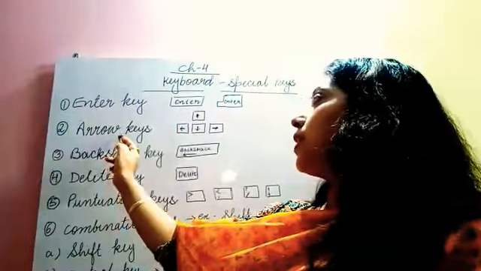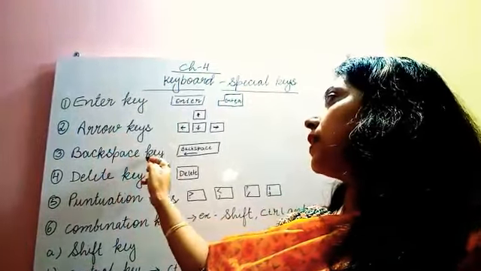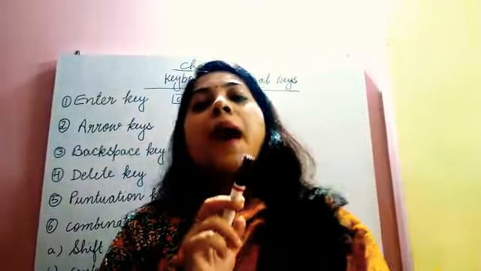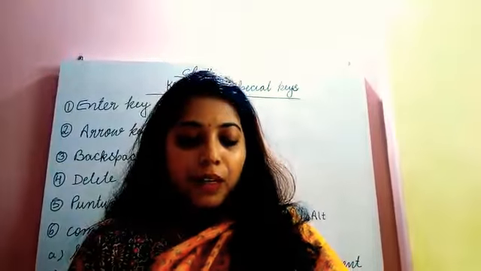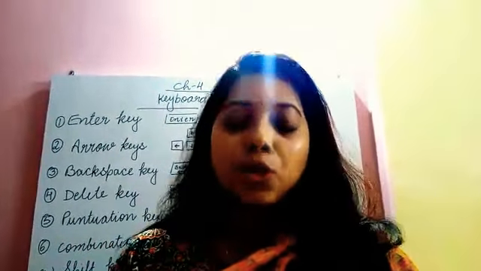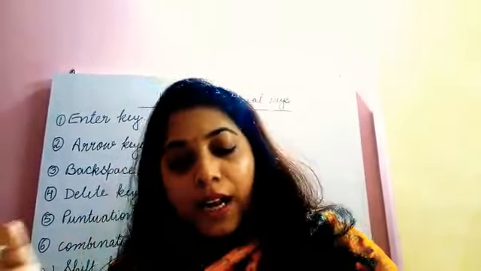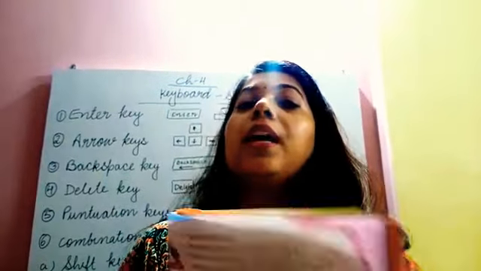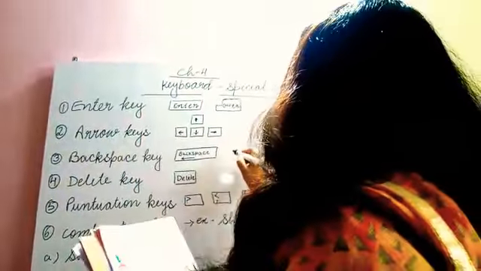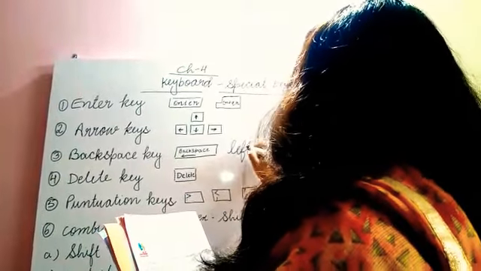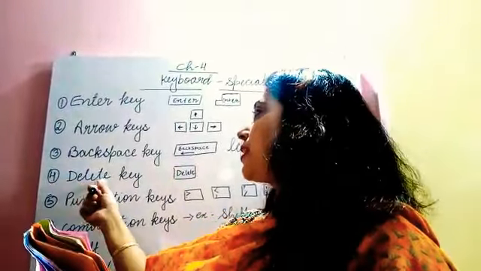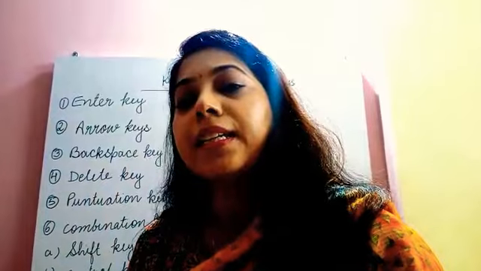Now after the arrow keys, let's come to the backspace key. What is the function of the backspace key? The backspace key helps us to erase the letters to the left side of the cursor. And next is the delete key. What is the use of the delete key?